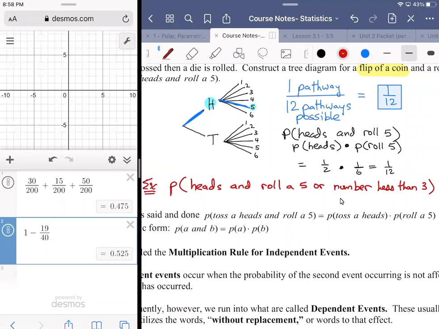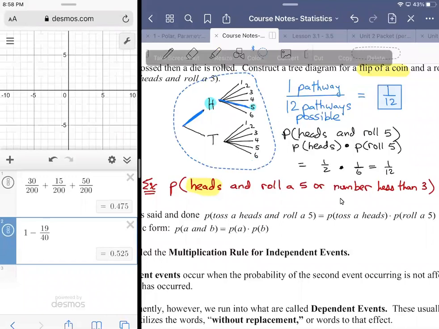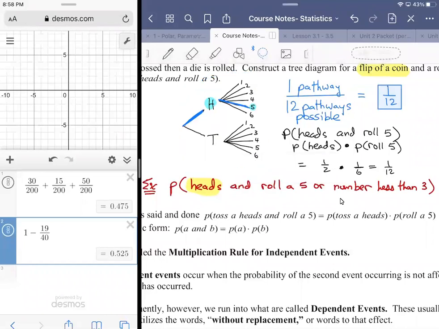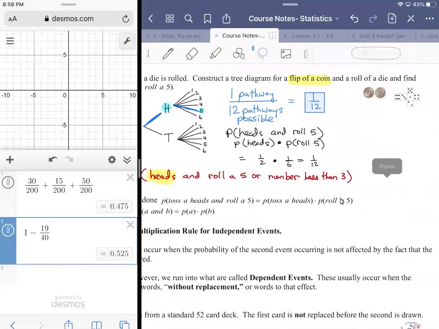All right, so we have 2 components here, the heads part of it, and then roll a 5 or a number less than 3. All right, so looking at my tree diagram, I will copy paste that first pathway.